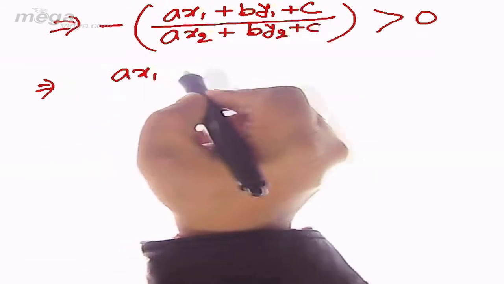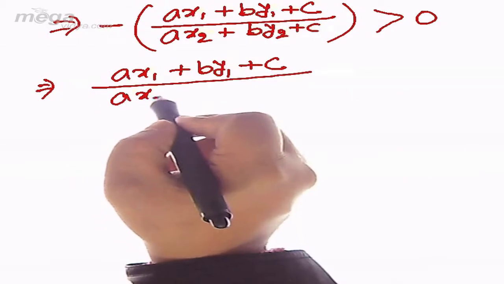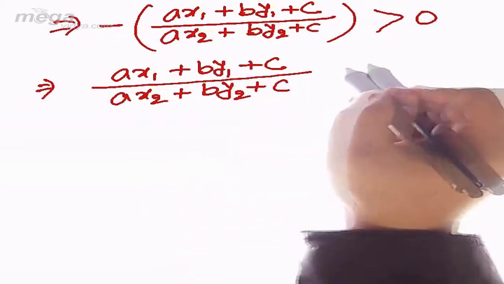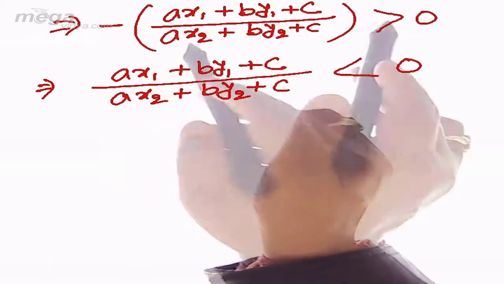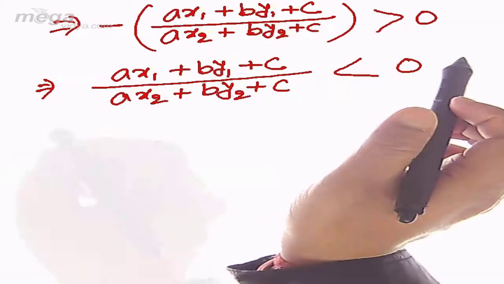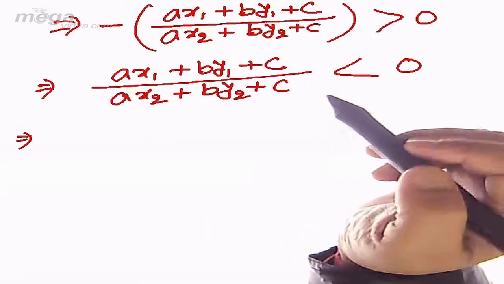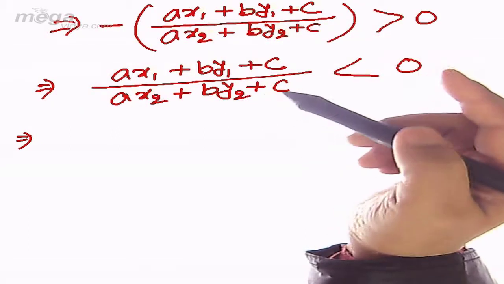Hence (ax1 plus by1 plus c) upon (ax2 plus by2 plus c) is less than 0, because when you remove the minus, the inequality sign will reverse. It means the division of two numbers is less than 0, so the numerator and denominator should have opposite signs.